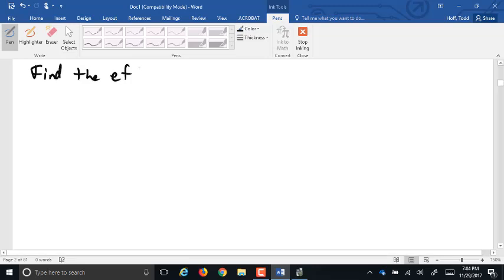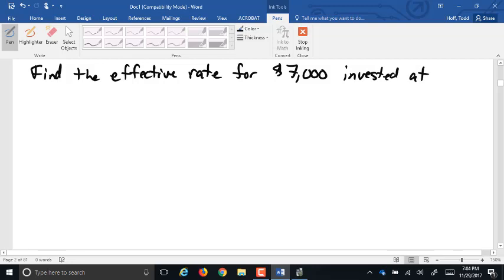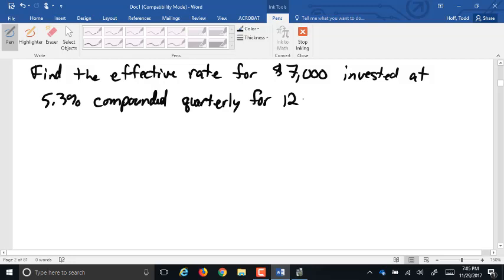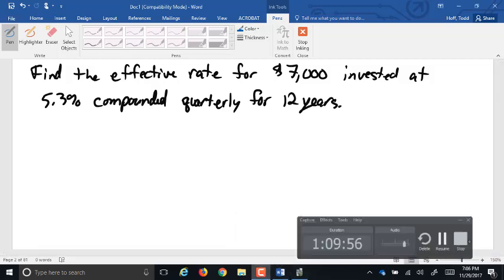Find the effective rate for $7,000 invested at 5.3% compounded quarterly for 12 years. I'm going to give you guys a chance to work on that one by yourself.